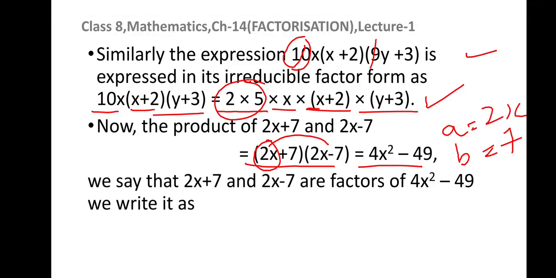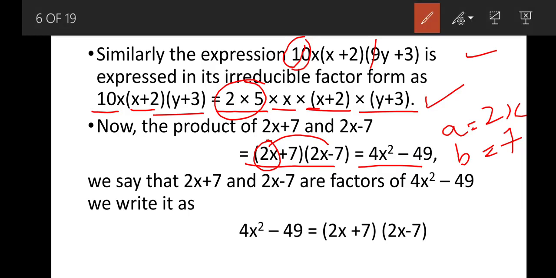So we can say that 2x plus 7 and 2x minus 7 are the factors of 4x square minus 49. After multiplication of these two factors, we get 4x square minus 49.